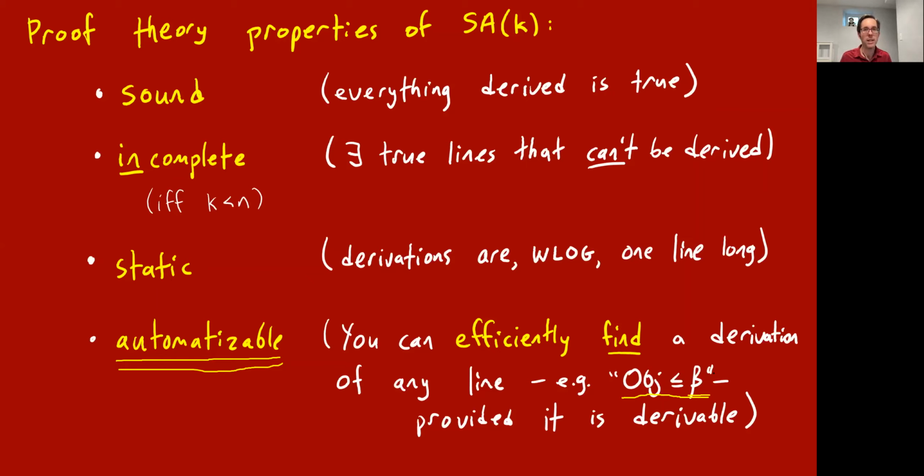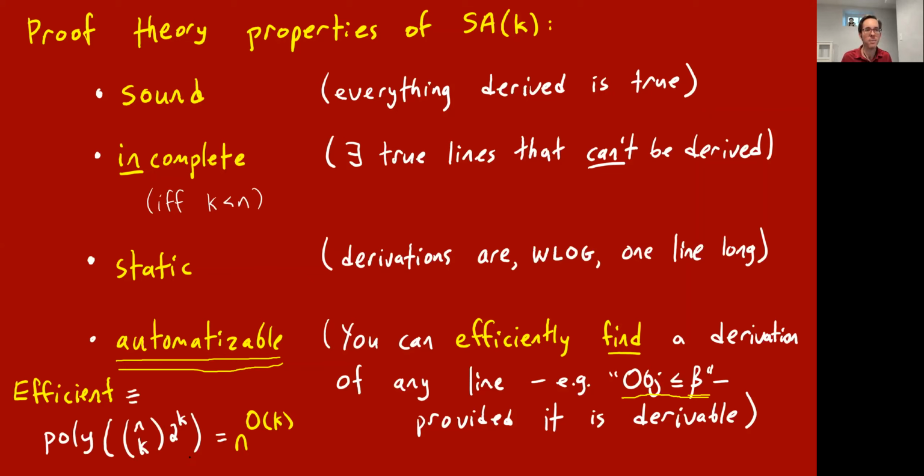And here efficient means it's polynomial in the number of axioms, or n to the order k. I'll explain why it has this automatizable property in a second. So if k is any constant, it's a polynomial time algorithm in theory land. And it's still interesting if k is like log n, where you get a quasi-polynomial time algorithm.